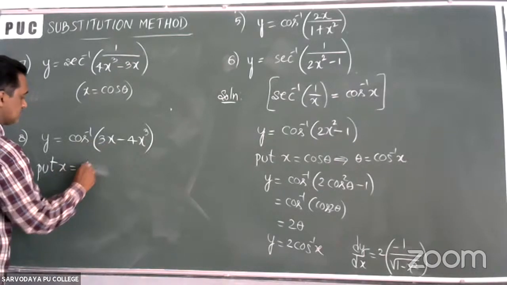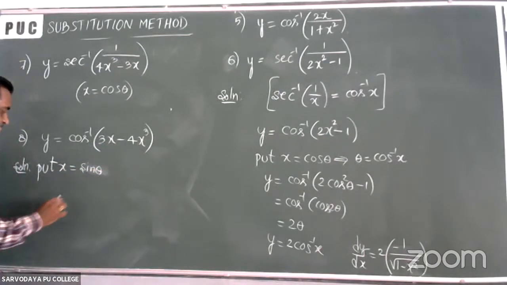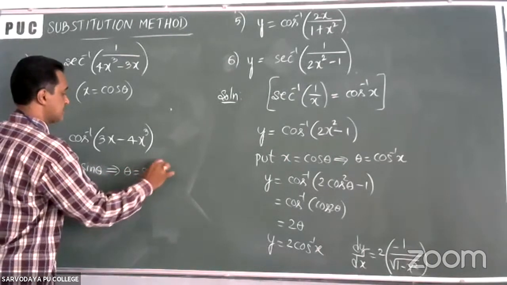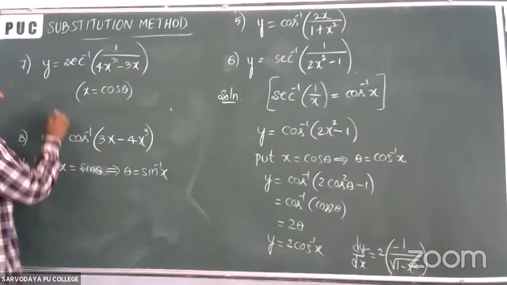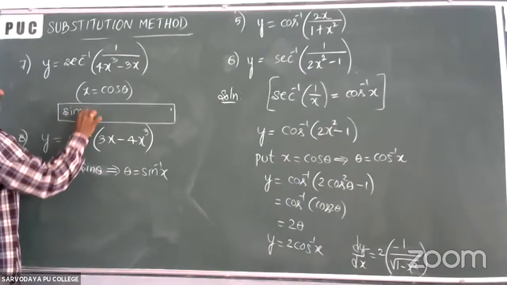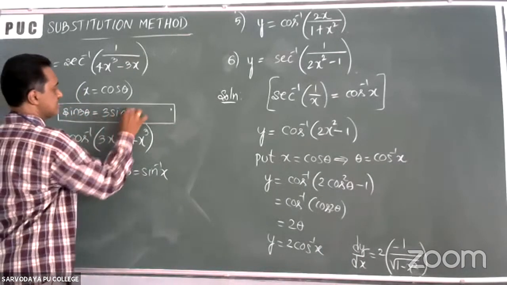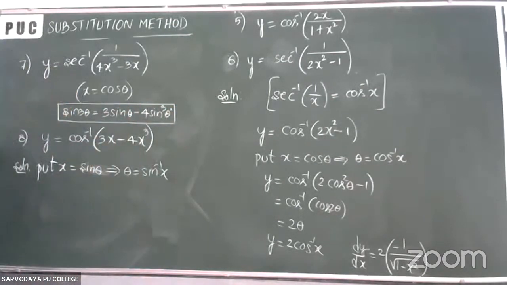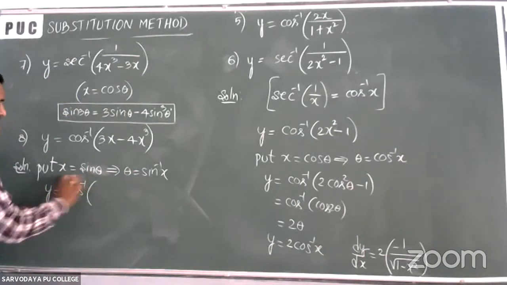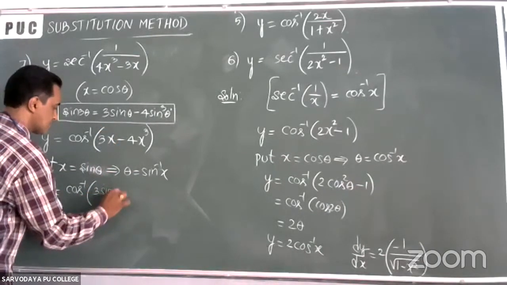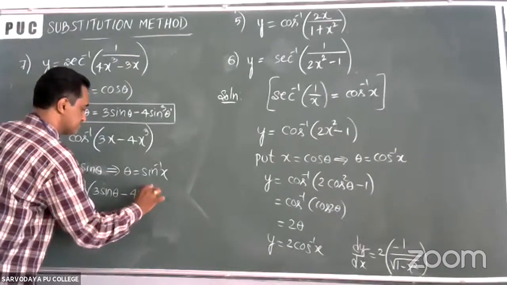Take y as sin theta; theta is equal to sin inverse of x, because there is 3 sin theta, and we have this formula: sin 3 theta is equal to 3 sin theta minus 4 sin cube theta. Because of that, correct it: there I said cos theta, but no, take sin theta. y is equal to cos inverse of 3 sin theta minus 4 sin cube theta.